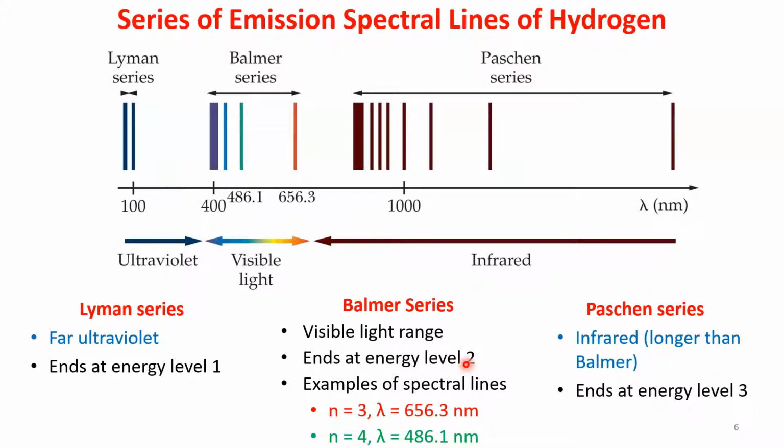Examples of spectral lines: for n equals 3, lambda equals 656.3 nanometers. For n equals 4, lambda equals 486.1 nanometers.